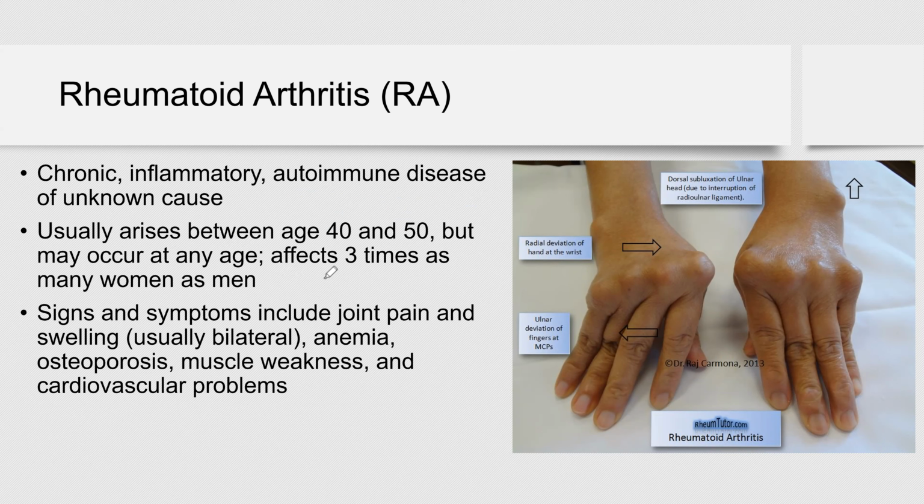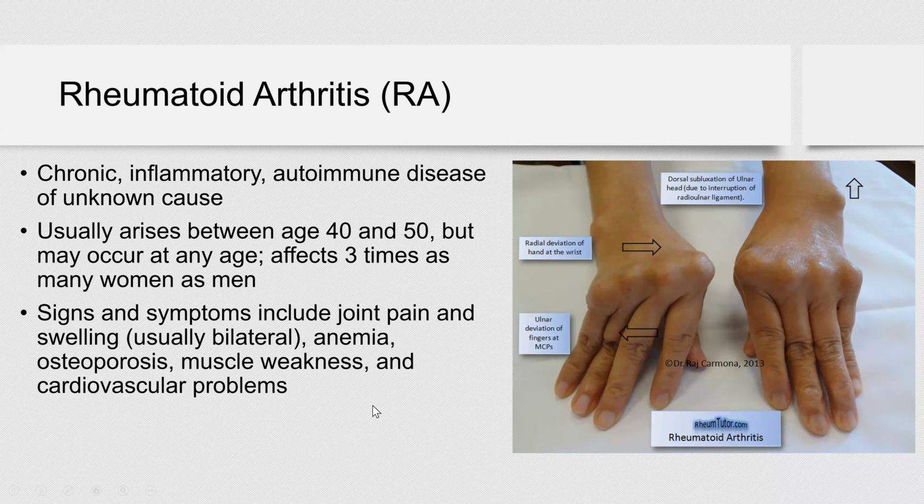Symptoms include pain, swelling, usually bilateral, meaning both extremities are involved, anemia, osteoporosis, muscle weakness, and cardiovascular problems. You can see these changes within a joint cause deviation, like radial deviation of the wrist or ulnar deviation of the fingers, and dorsal subluxation of the ulnar head.